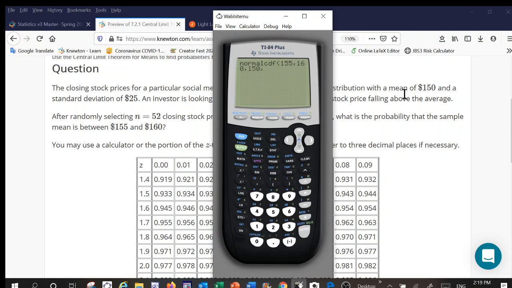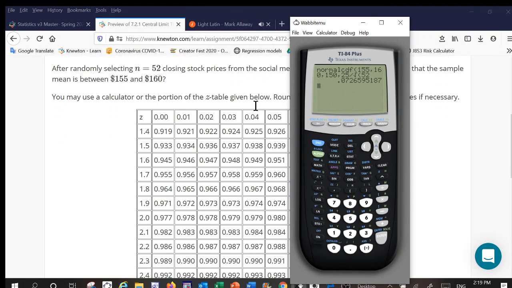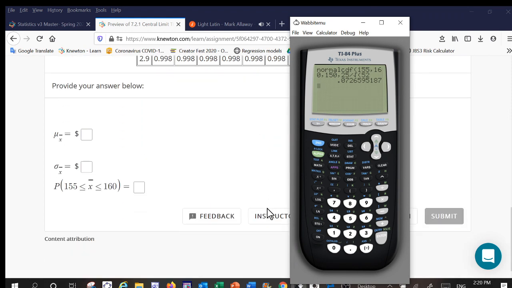And the standard deviation is 25 divided by square root of, what's the sample size? 52. So that should be the answer. Let's see. So we got the mean and standard deviation. Yes, it's 0.073, if you round to that place.